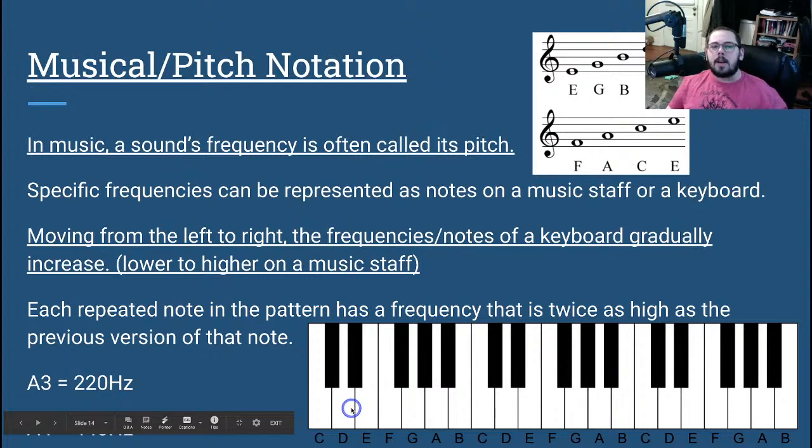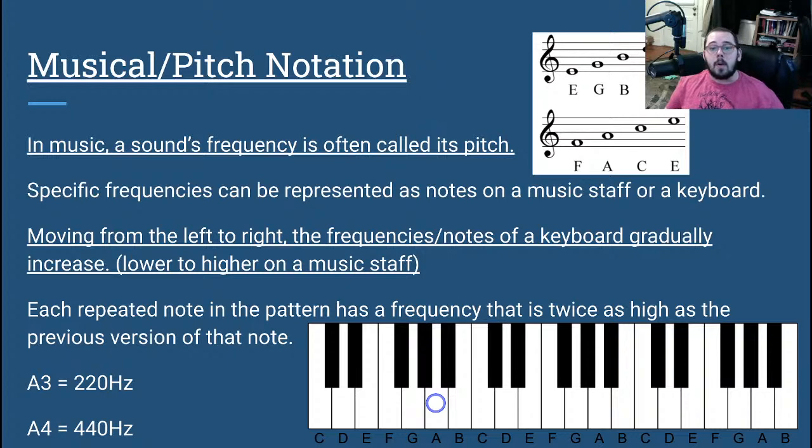I mentioned early on there's this cyclical nature to musical notation. So the relationship to that is, let's say this is A3, the third A on the keyboard. The fourth A. You have A0, 1, 2, 3, right here. Let's say that's at a frequency of 220 hertz. So whenever you play that pitch, the sound coming out is vibrating 220 times a second.